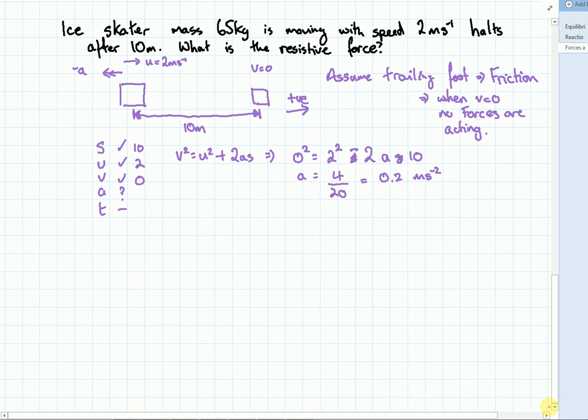And we need to work out what force this is. So if we look at the force diagram, the resultant force is pointing this way, 65 times 0.2 acceleration. There's nothing pushing it forward, only pushing back, so that's the only force that's happening.